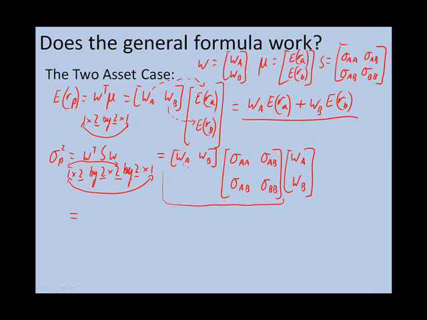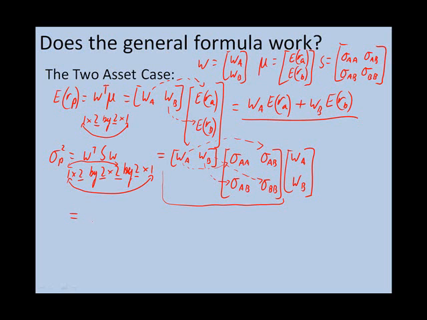We're going to do WA times by sigma AA plus WB times by sigma AB. That's the first element. And then the second element will be WA times by sigma AB plus WB times by sigma BB.